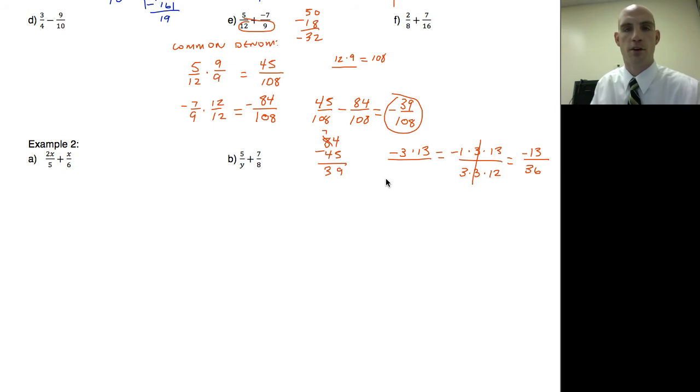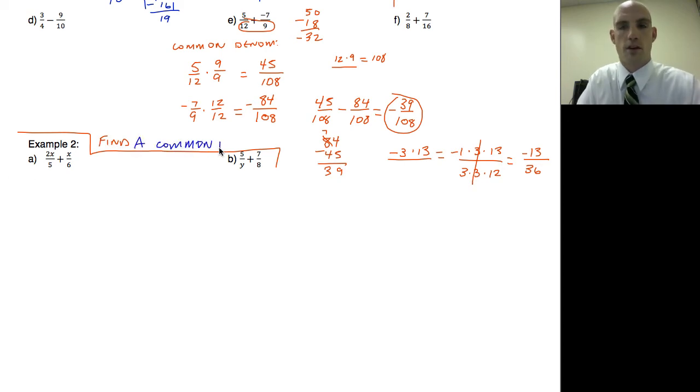And on the bottom, we know we're going to have 9 times 12, so that's going to be 3 times 3 times 12, right? Cross that out. So I'm going to be left with negative 13 over 36. Okay? That's all there is to it.